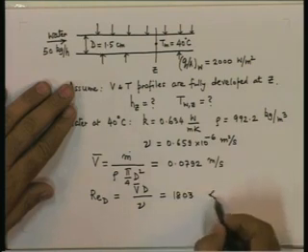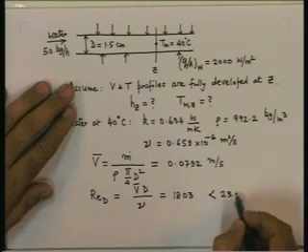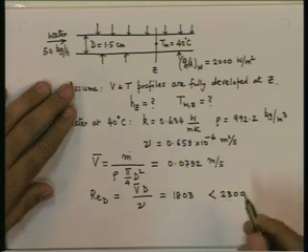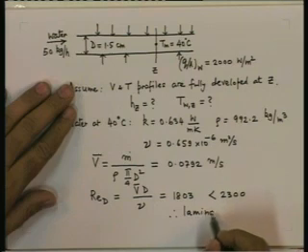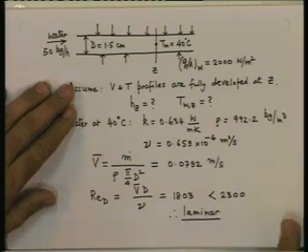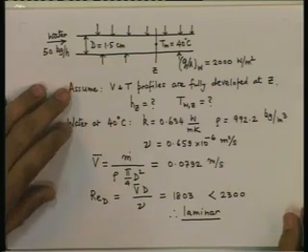This is less than 2000 or say 2300, hence flow is laminar. This is the first step. Now we have laminar flow.